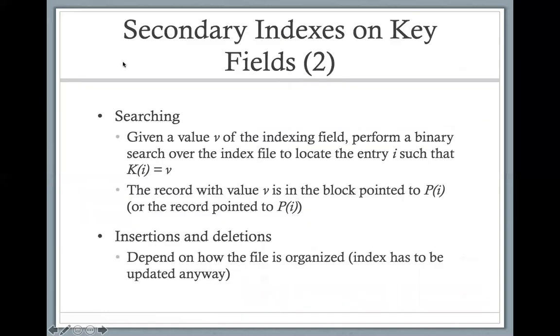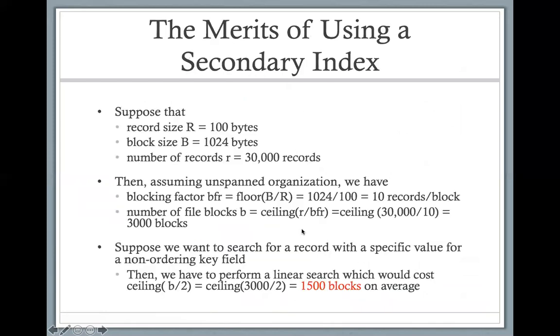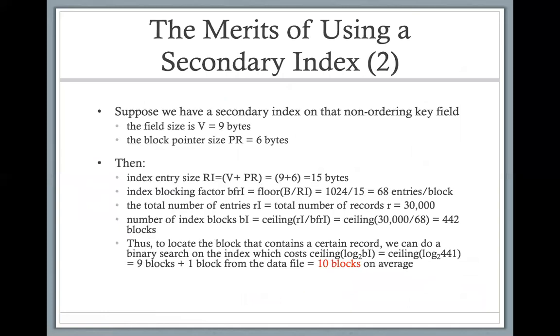It's 442. Why is it a typo? Why, Georgie? Let's divide 30,000 by 68, let me check on the calculator. 30,000 divided by 68 is 441.17.